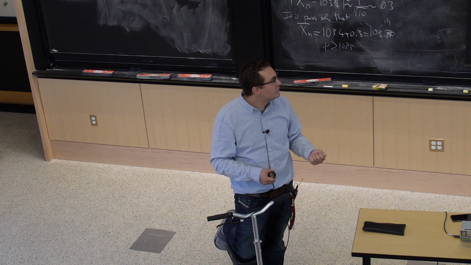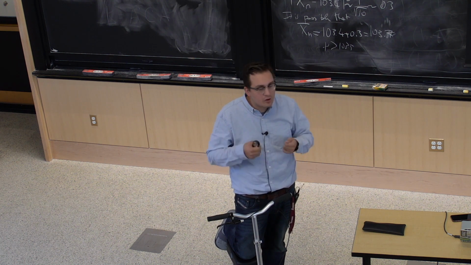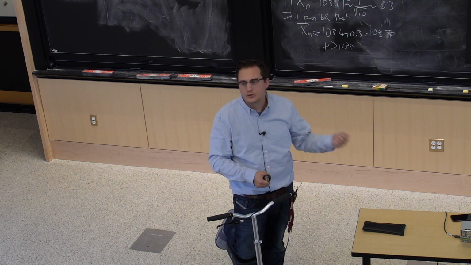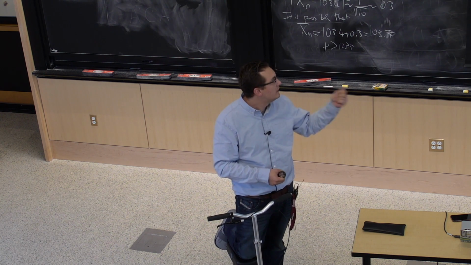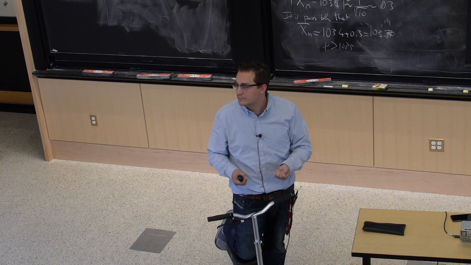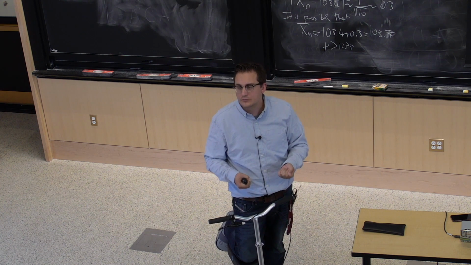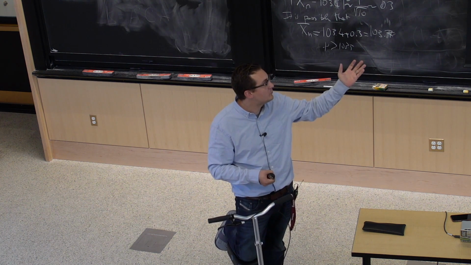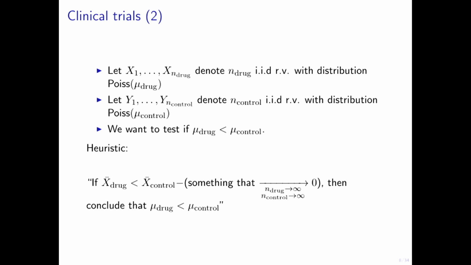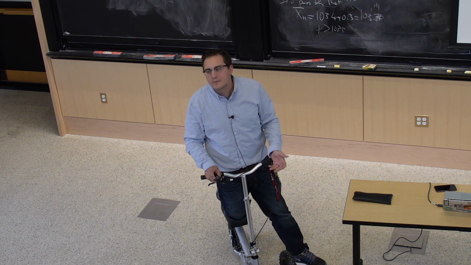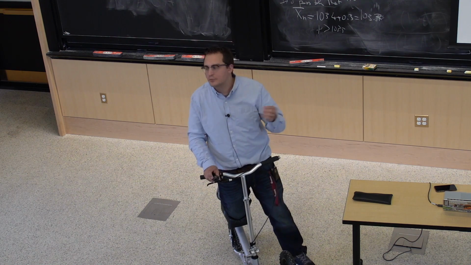And so now I need something that goes to 0 when both those sample sizes go to infinity. And typically, it should go to 0 with 1 over square root of n drug and 1 over square root of n control. That's what the central limit theorem for both x bar drug and x bar control, two central limit theorems, are actually telling me. And then we can conclude that this happens. And as you said, we're trying to make it a bit harder to conclude this because, let's face it, if we were actually using the simple heuristic, right?